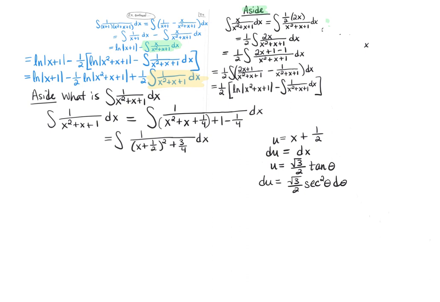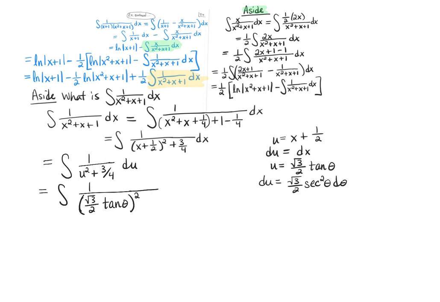Okay? So now, our trigonometric substitution. So this is equal to the integral of 1 over u squared plus 3/4 du. But we know what all of that is, right? So let's put it in here. So that's the integral of 1 divided by the quantity, the square root of 3 over 2 tangent theta, quantity squared, plus 3/4.